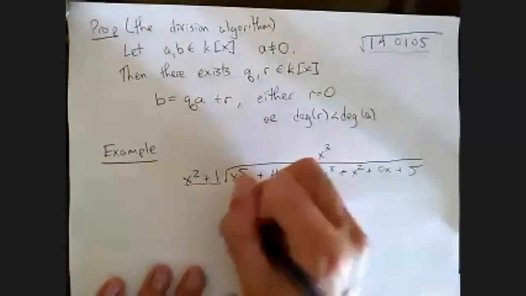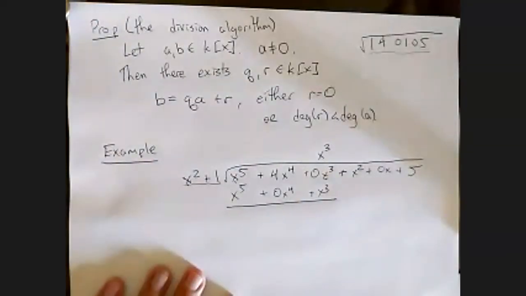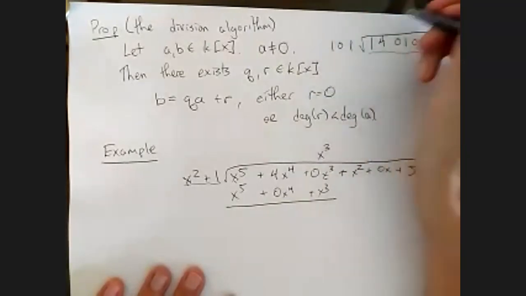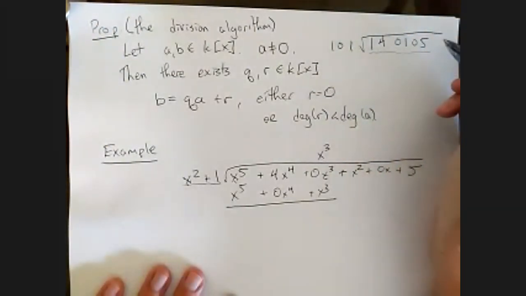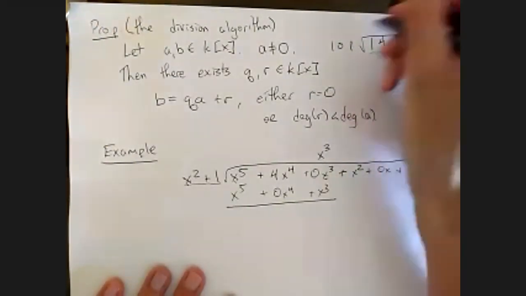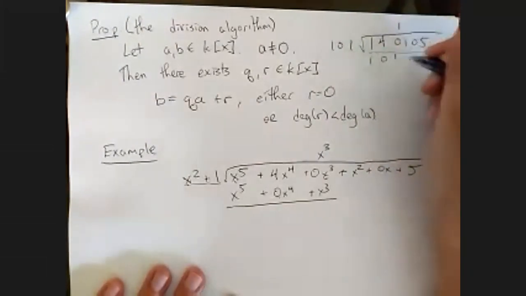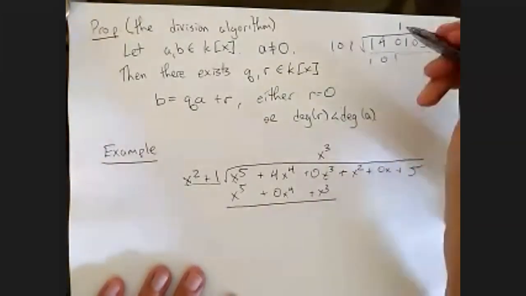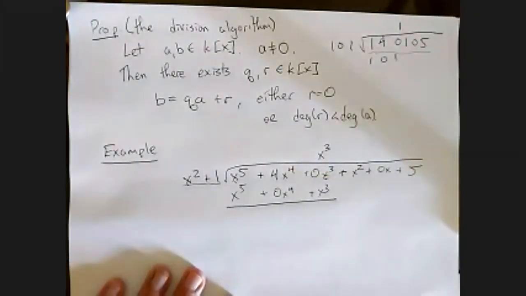And we subtract. It's the same thing as when I divide 101 into this; it goes in one time. So I'm basically doing the same thing. The arithmetic isn't exactly the same, as you'll see, but that's fine.